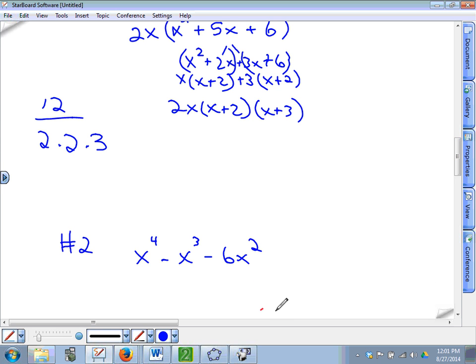It starts much like question 1. There's a common factor. What is it? X squared. Let's check that. Do each of the terms have at least an x squared in them somewhere? Yeah, they do. So you factor out an x squared.